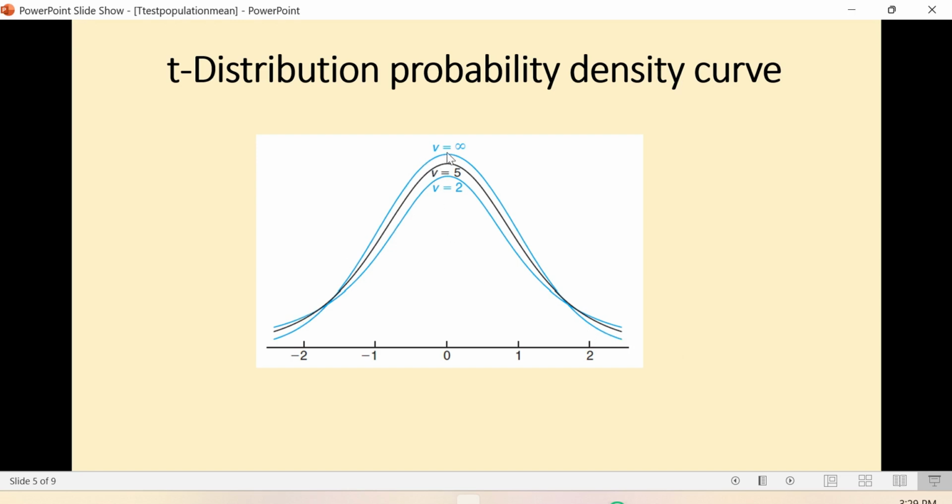But when the degrees of freedom become very large, say at least over 30, the t-distribution approaches a normal distribution. This is why we say that if the sample size is very large, we can use the normal distribution, and if the sample size is small, we have to use the t-distribution or t-test for the population mean.